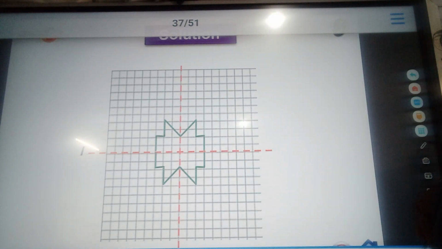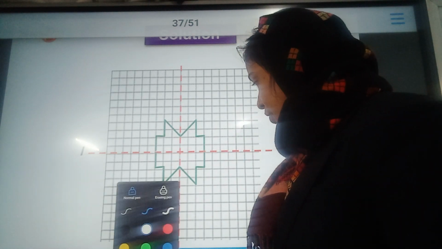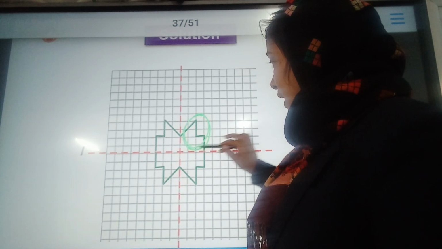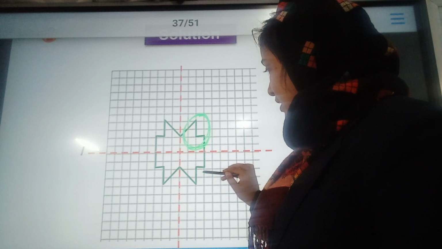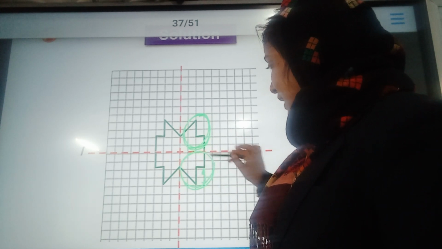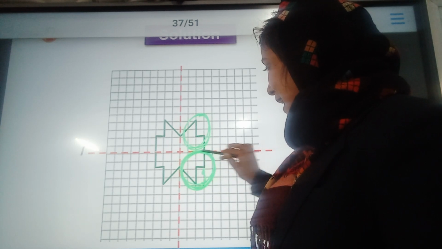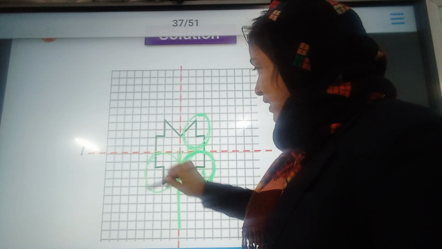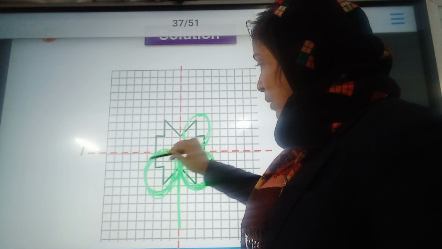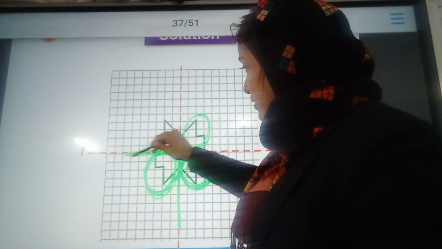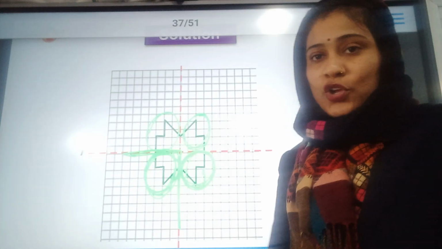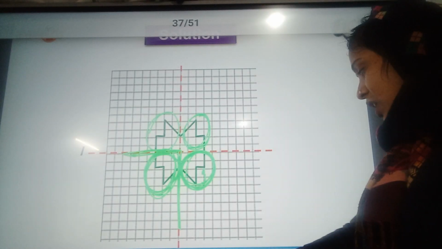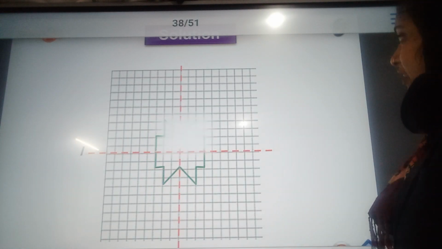What happened here is, this was the original object. It produces the image to this side. Now this image will act as an object for this mirror and it will produce the image to the other side. Now this image will produce the other image about this mirror here. Okay, so at all the four sides we got the reflection or the image through the process of reflection.